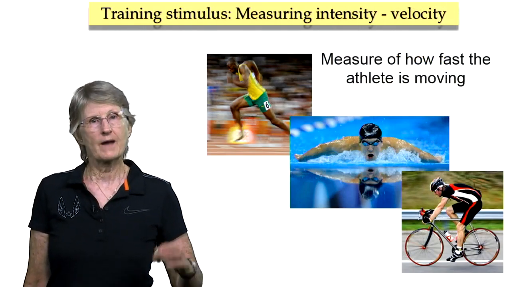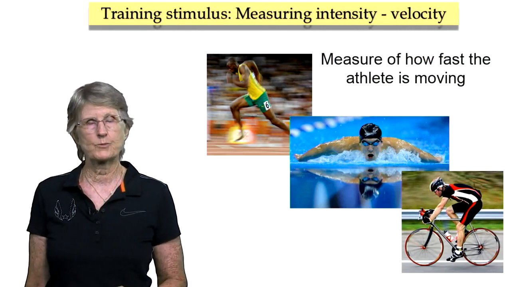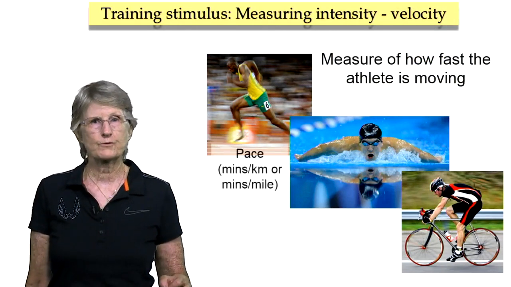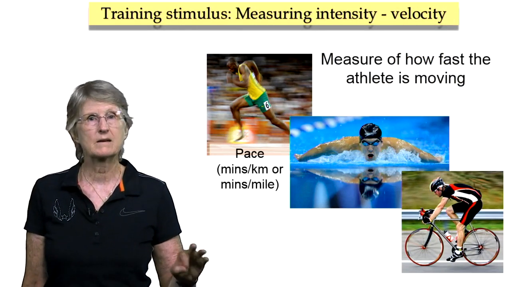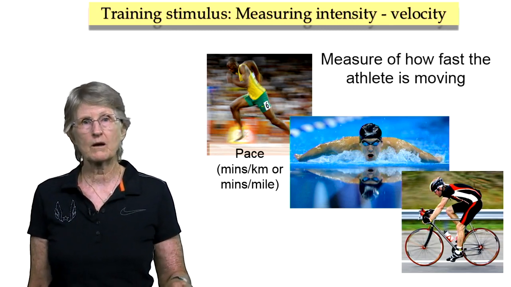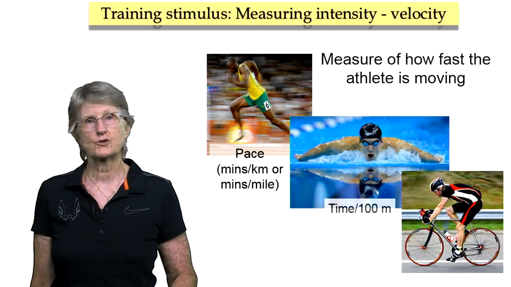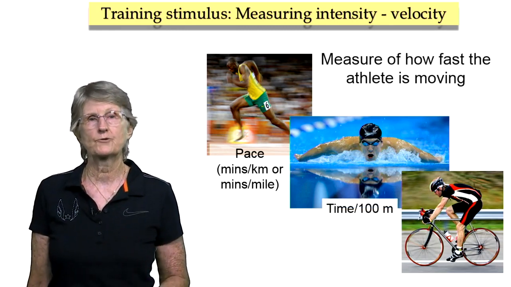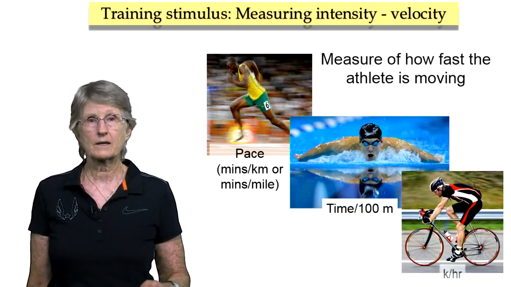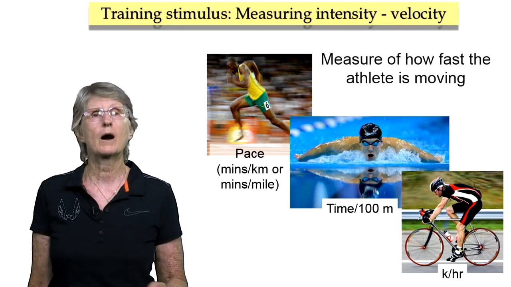Velocity is a measure of how fast the athlete is moving. Runners refer to velocity as pace, that's measured in minutes per kilometer or minutes per mile. Swimmers use time per 100 meters. Cyclists use kilometers per hour.